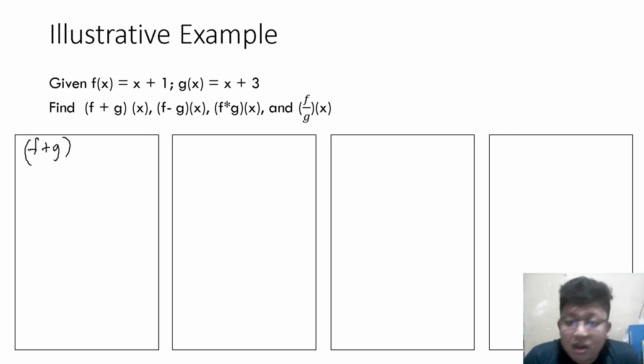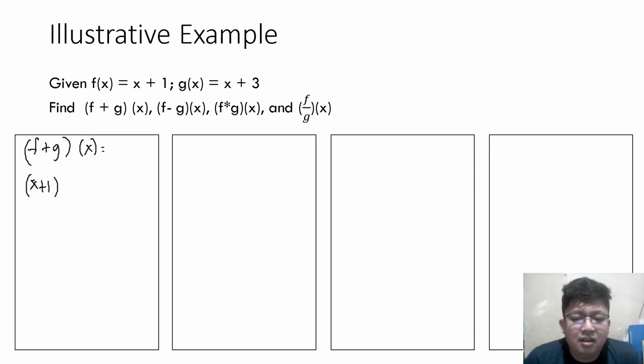Here, again, we will simply substitute the values. So we have x plus 1 and x plus 3. Let's write it: we have (x plus 1). Again, this is a reminder, just a tip: always put a parenthesis for those values that we substituted from the given variable.